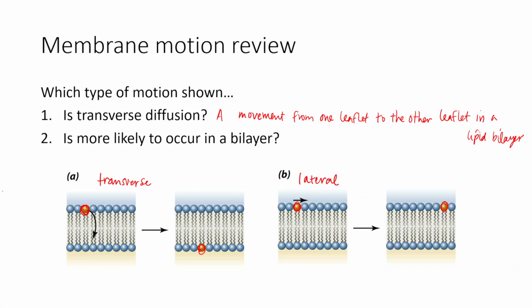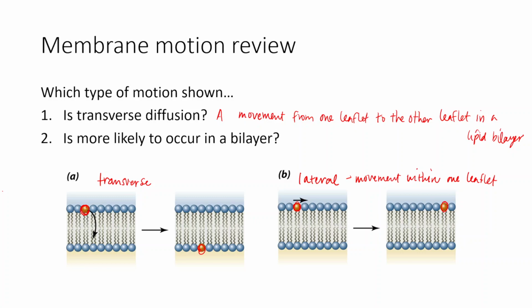This is lateral. You're staying on the same side, just moving to the left or the right, or forward or backwards, because it's in 3D. So now we know the two types of movement.